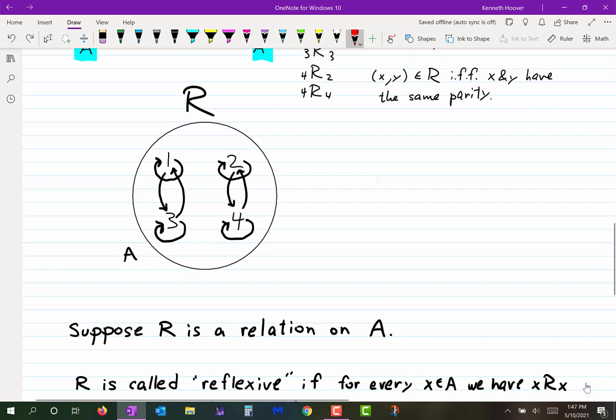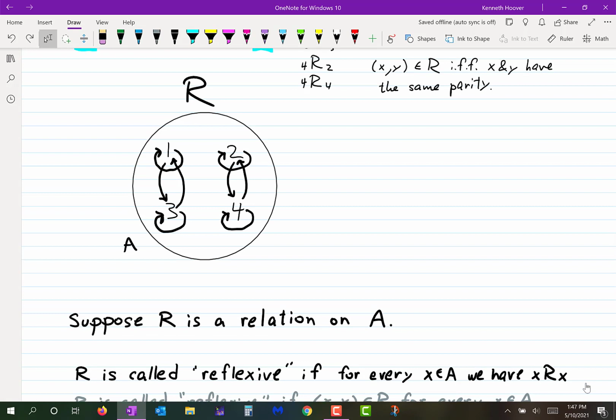If you're looking at the diagram with arrows, then this is how it looks. You would ask yourself, if I follow one arrow, let me choose a different example, from 1 to 3, and then from there I can follow another arrow from 3 to 1, could I have gotten from the beginning to the end with only one arrow instead of needing 2?